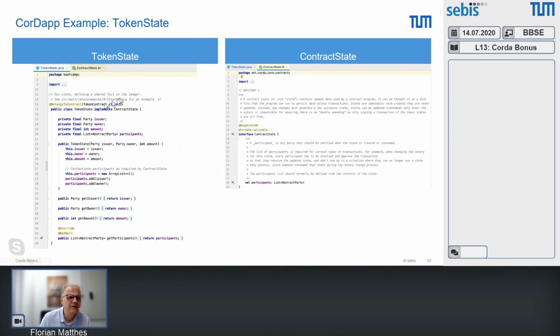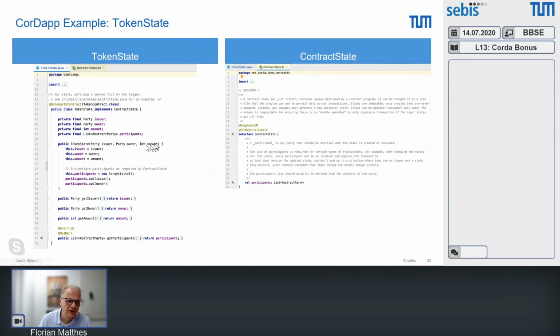What you are now doing is you define your constructor, the token state constructor, and it gets as an argument the issuer that wants to create the coin, and the owner, which should be the future user of this coin, and the number of coins is indicated by the amount parameter.